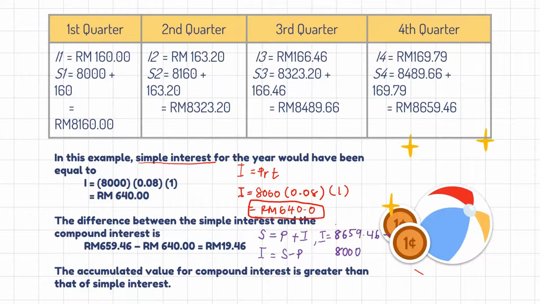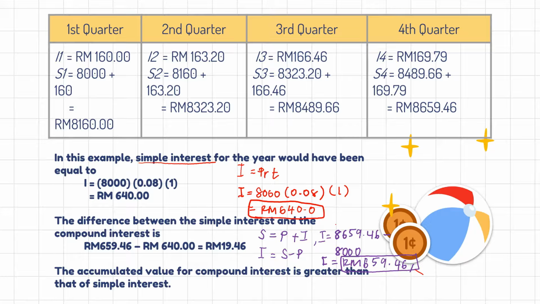You press your calculator and you will get the compound interest in total will be equals to RM659 and 46 cents. So this is the interest that you get for compound interest.